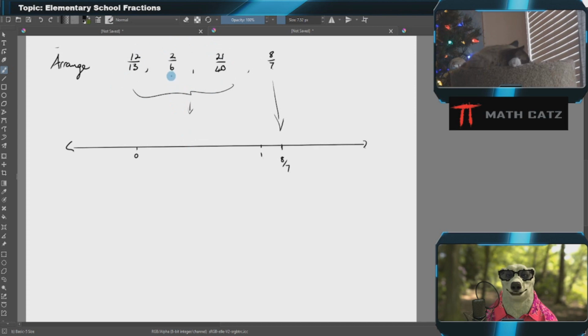Now I can compare this one to an easy fraction that I have, which is 1/3, and I know 1/3 sits over here roughly. I have a significant portion of a whole missing, so it's far away from 1 and closer to 0. Whereas 12 over 13 is very close to 1, and will sit somewhere over here.